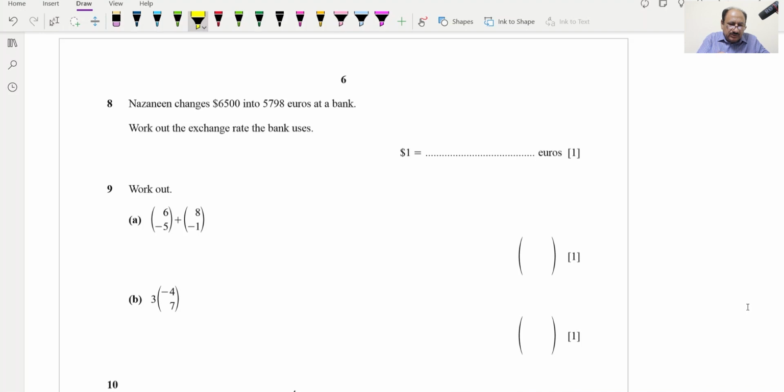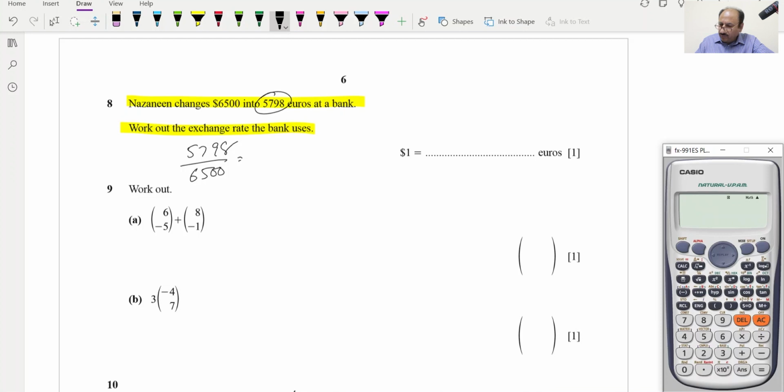Question number 8, Nazanin changes this many dollars into euros at a bank. Work out the exchange rate of the bank. So she's getting this many euros, so 5798 divided by dollars, and this will be equal to 5798 divided by 6500, and we will be getting conversion rate.